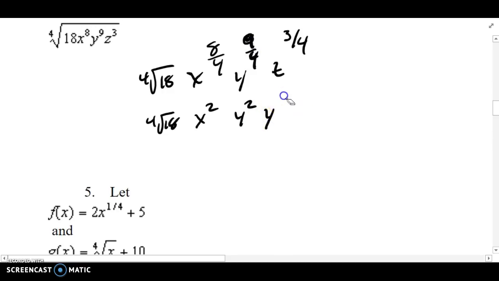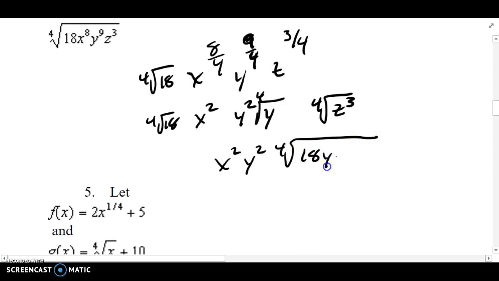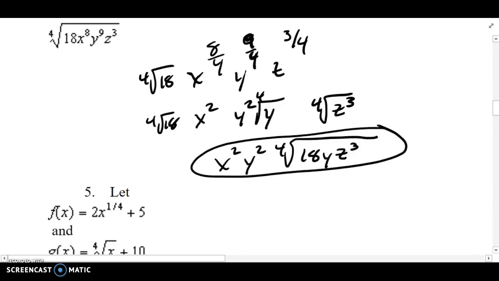That's what's left, so this is going to have a 4th root on it. Then this doesn't do anything, I can't take anything out of this. 3/4 doesn't work. So we're going to have the 4th root of z to the 3rd. Then the stuff that's out of the root, the x squared and the y squared, is going to stay out of the root. The stuff that's still in the root, we're going to put all together inside a single root and get the answer.